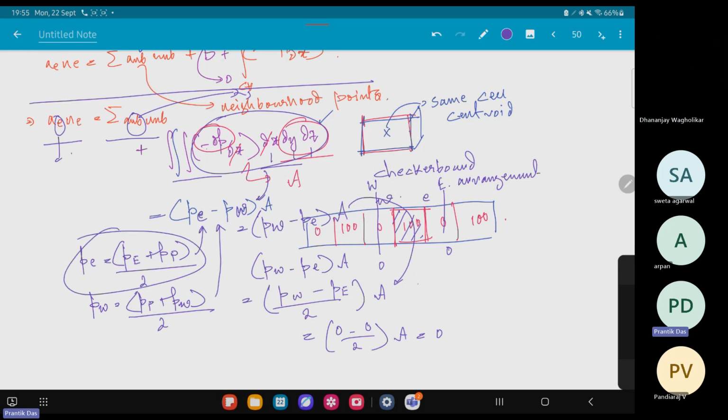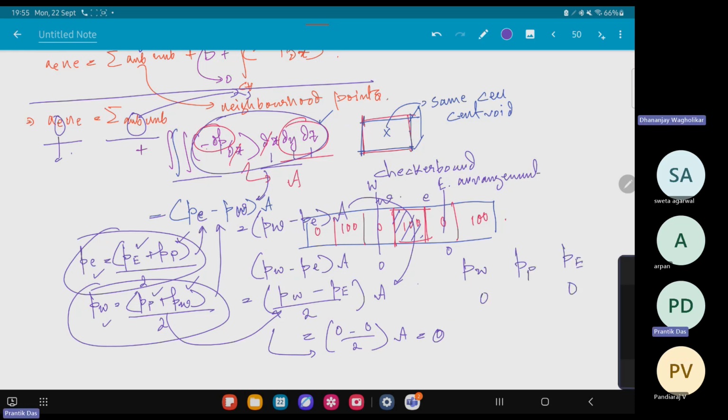By using the central difference formula, I am expressing the cell faces as a function of the neighborhood cell centroids, and putting it in the equation itself. This becomes 0 for a checkerboard kind of arrangement, because P_W is 0, P_E is 0, but P_P is 100.